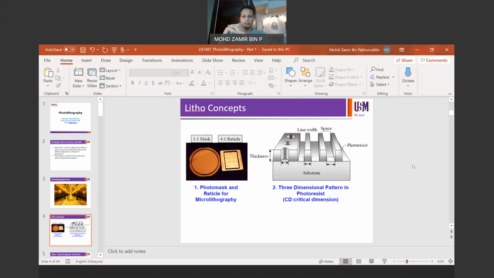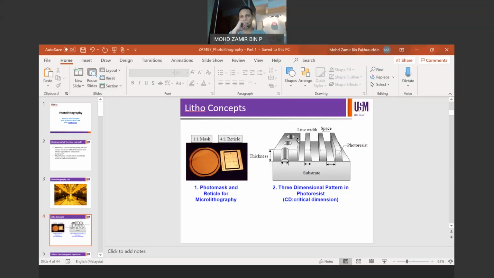On the right hand side, this is an example of features that you want to print on your silicon. You can print lines, a straight line of certain width, certain length and certain spacing between the lines.